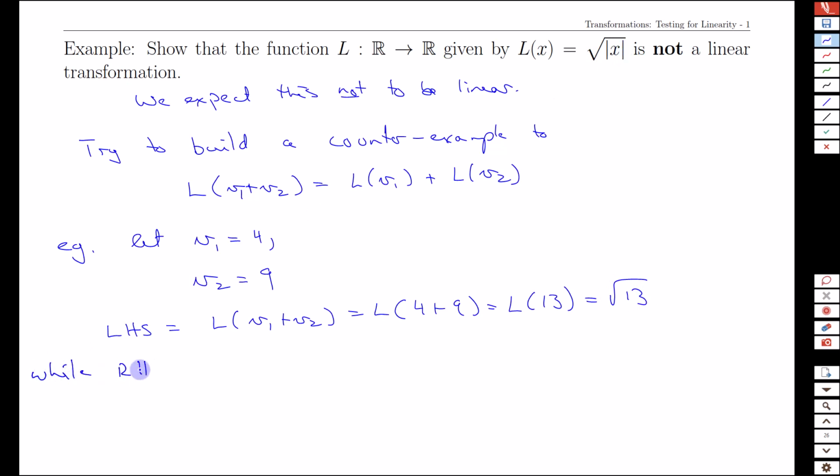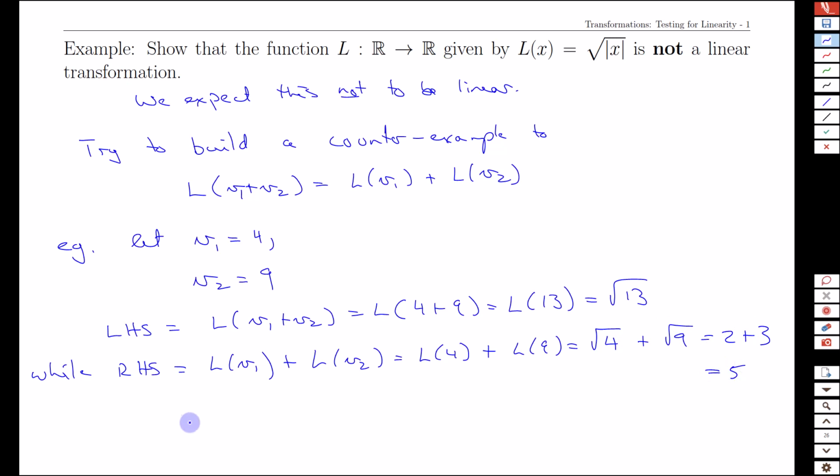Meanwhile, the right-hand side is L of v1 plus L of v2. That's L of 4 first plus L of 9 next. Well, that's the square root of 4 plus the square root of 9, which is 2 plus 3, which is 5. But the square root of 13 is not equal to 5.